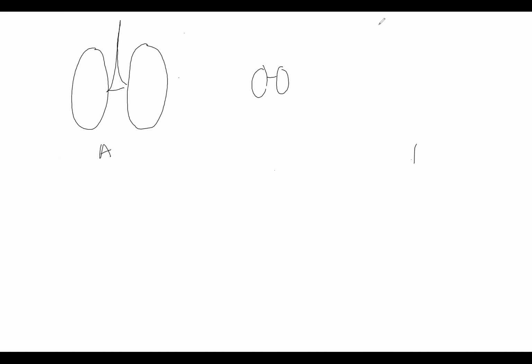So what I'm going to do is draw two different patients here. So these are lungs. Those are not very good lungs. And this is patient A, okay?